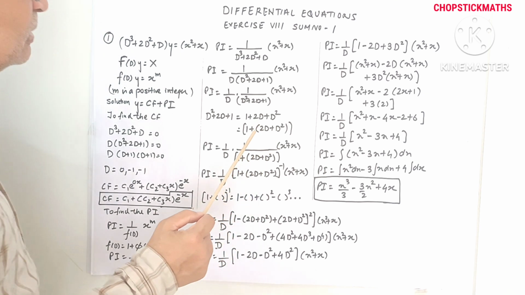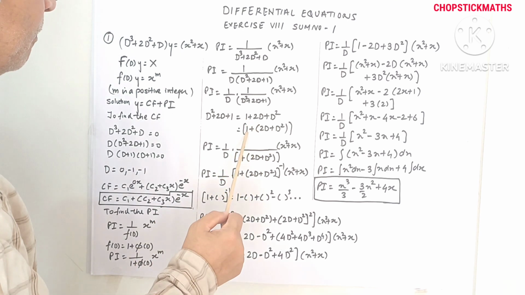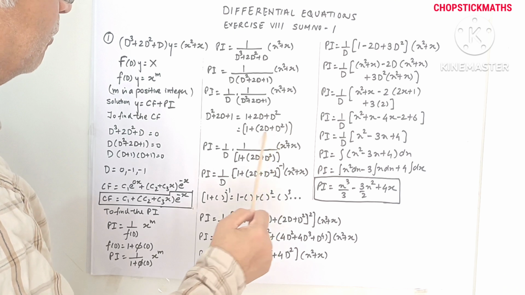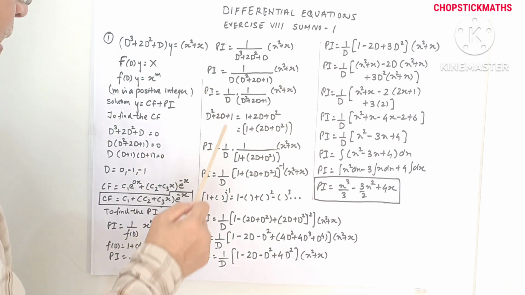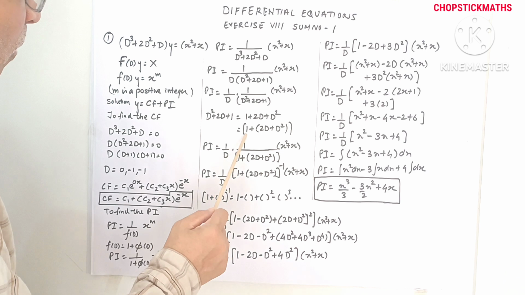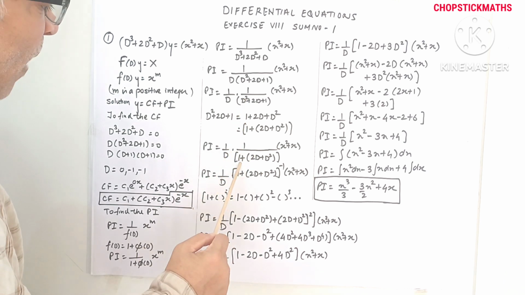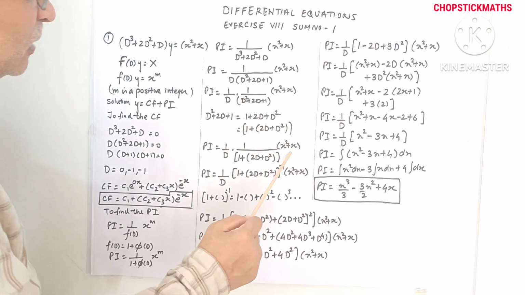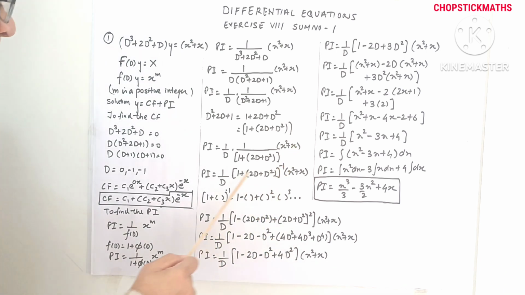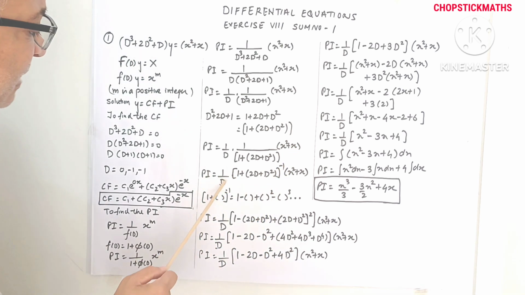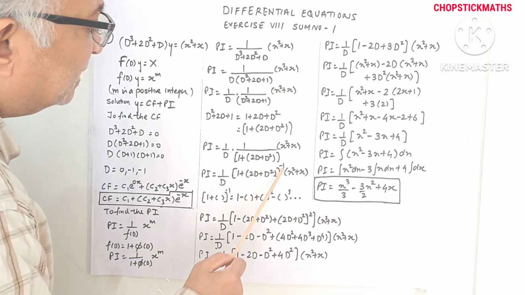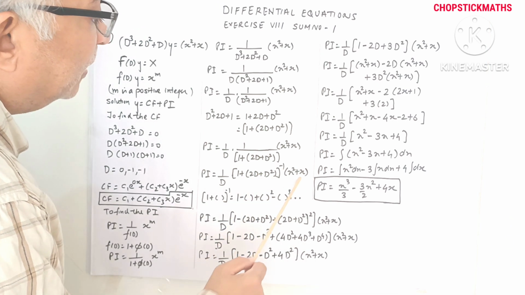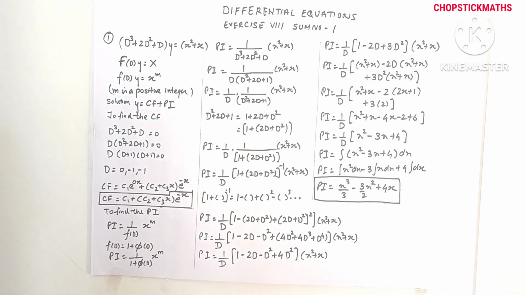So this is of the type 1 plus phi of D. Phi of D is 2D plus D square. So PI is equal to 1 upon D into 1 upon (1 plus 2D plus D square) into (x square plus x). So this will be PI is equal to 1 upon D into (1 plus 2D plus D square) the whole raised to minus 1 into (x square plus x).